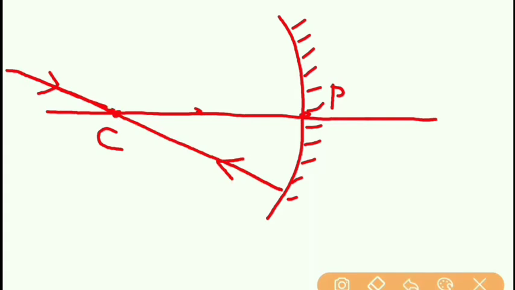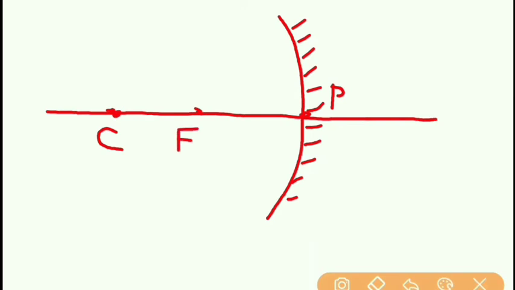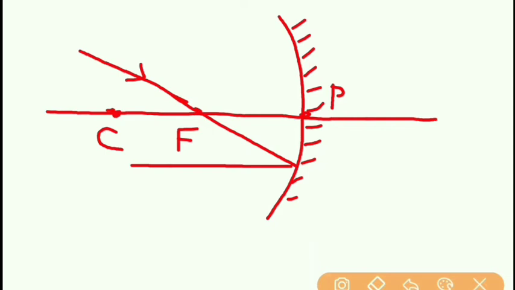Then next condition, when an incident ray passes through the focus, after reflection it becomes parallel. That is, when the incident ray is passing through the focus, after reflection it becomes parallel to the principal axis.